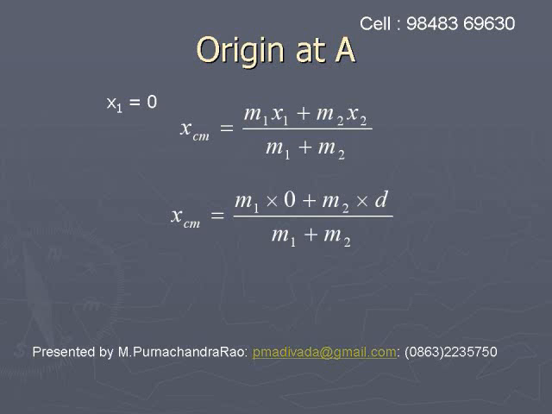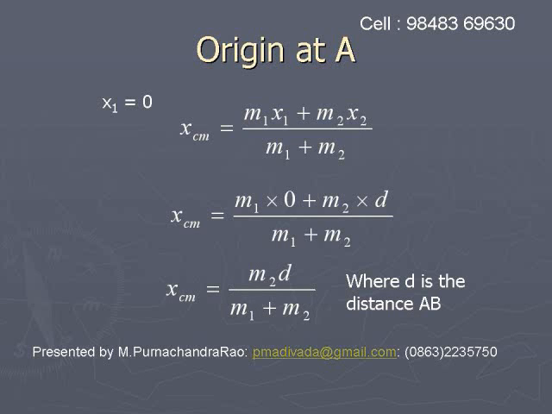If x1 is equal to 0, then xcm is equal to (m1 into 0 plus m2 into d), where d is the total distance between A and B, whole divided by (m1 plus m2). So xcm is equal to m2d divided by (m1 plus m2). This is the distance from A up to the center of mass, and d is the distance AB.